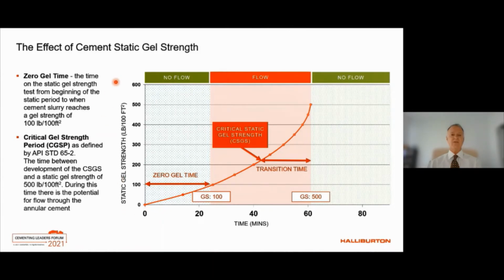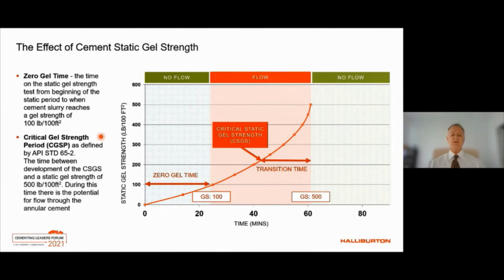The first of these is the zero gel time, defined as the time on a static gel strength test from the beginning of the static period to when a cement slurry reaches a gel strength of 100 pounds per 100 foot squared.